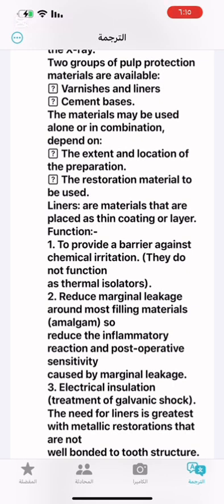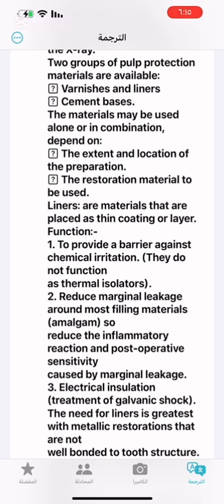The materials may be used alone or in combination, depending on the extent and location of the preparation and the restorative material to be used. Liners are materials that are placed as a thin coating or layer. Function: 1. To provide a barrier against chemical irritation. They do not function as thermal isolators. 2.